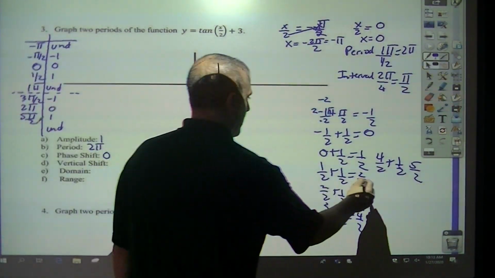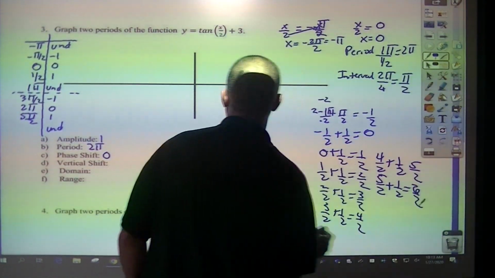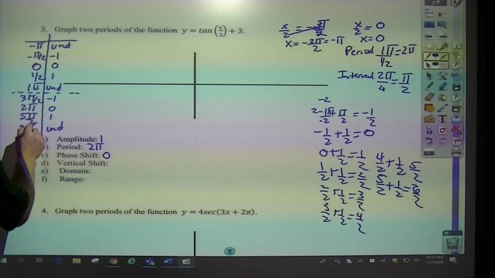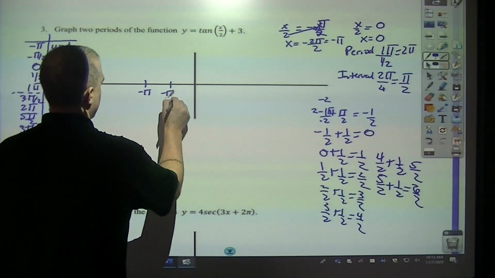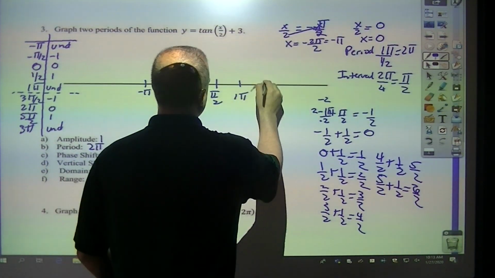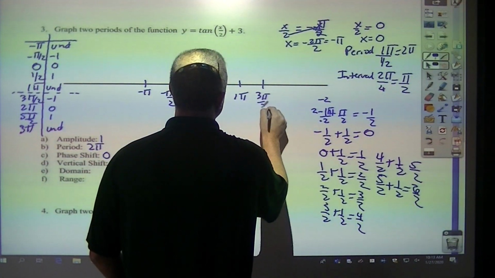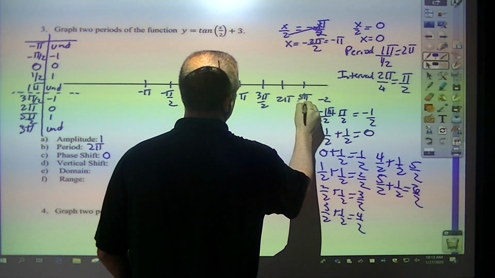And then 5/2 plus 1/2 is 6/2, or 3 pi. So I'm going all the way from negative pi over 2, pi over 2, 1 pi, 3 pi over 2, 2 pi, 5 pi over 2, 3 pi.